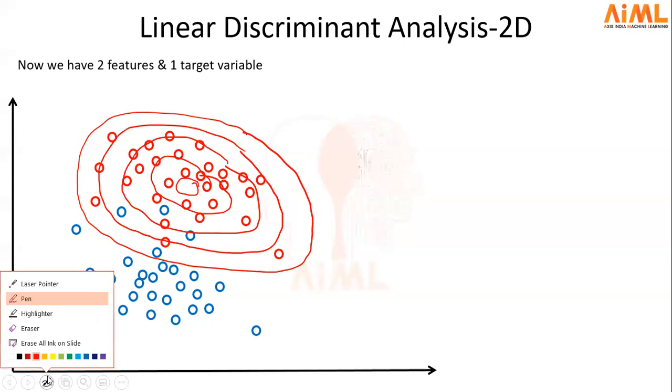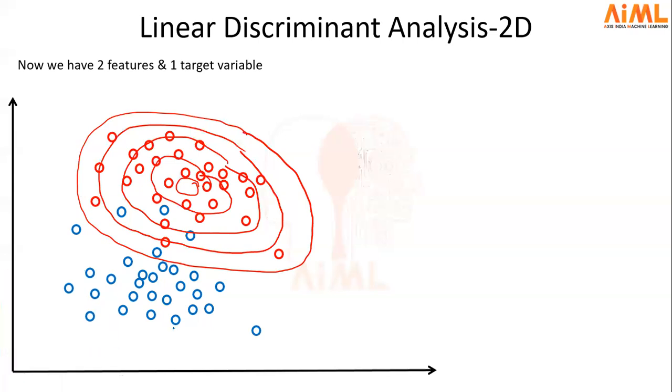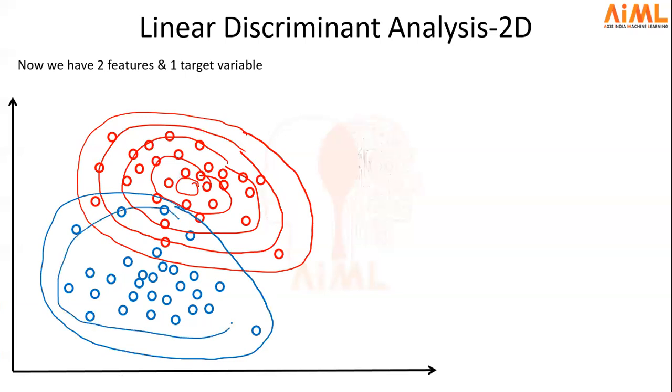Similarly, for the benign scenario, the likelihood will again be a two-dimensional Gaussian distribution likelihood. And this again is going to be a contour plot.